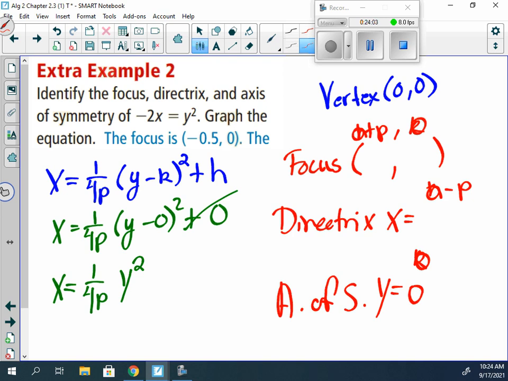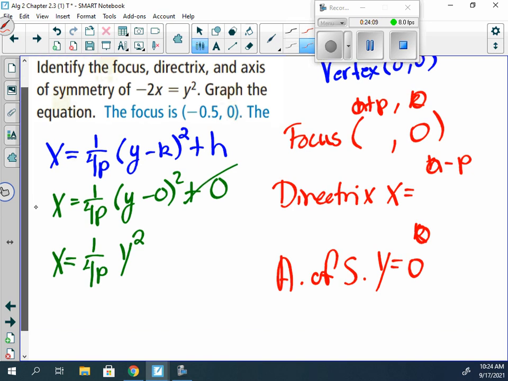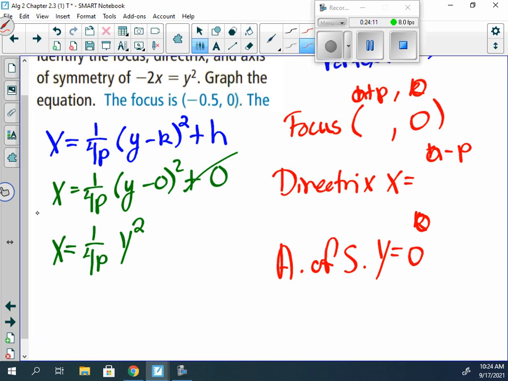But what are we missing in all of these here? The p-value, yes? Well, if we get this into our x equals form, whatever number is being multiplied in front of y squared should match up with our 1 over 4p. Because those are going to be in the same location, so the p should be in that fraction.